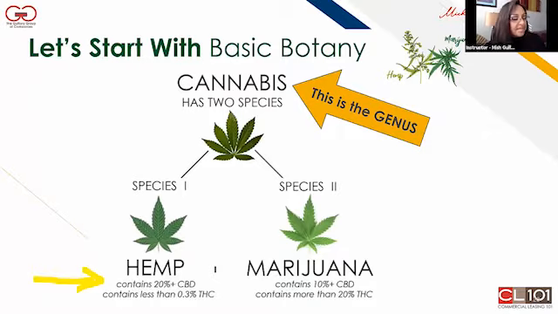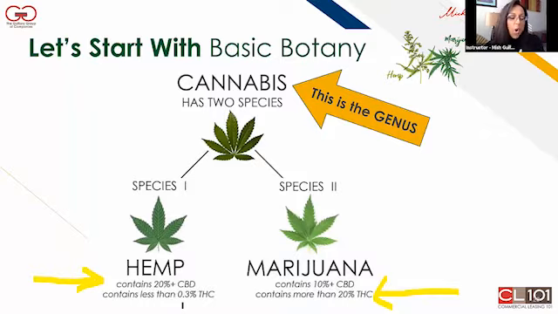CBD is not the thing that gets you high. It's the THC that does. And so the THC content in hemp and marijuana is what makes one legal and not legal. Take a look at hemp. Its THC content, as looked at by federal law and state law, must be 0.3% or less, not 0.03.